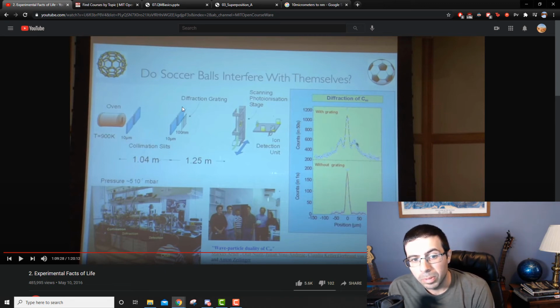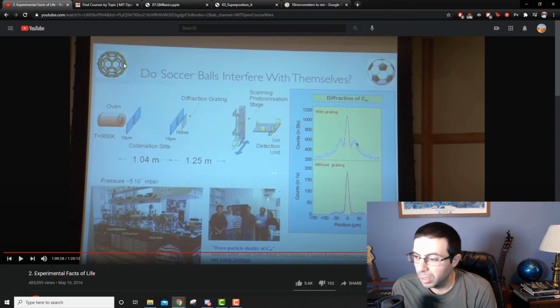And so this is what we tend to see a lot of. Initially it was photons, then it was electrons, and then it started to branch out into all these macroscopic molecules, things that we can look at under a strong enough microscope and see atoms.